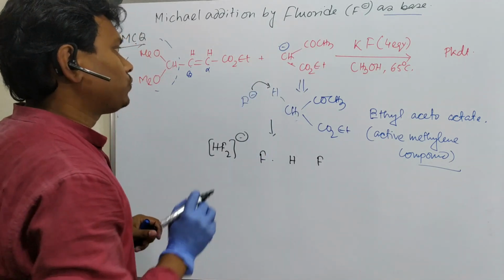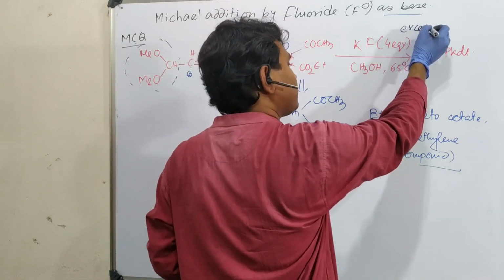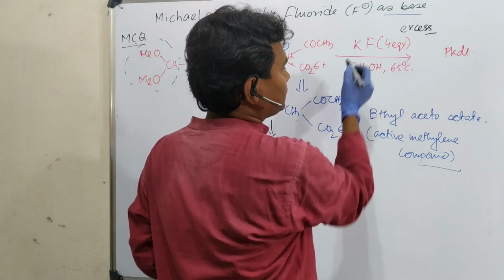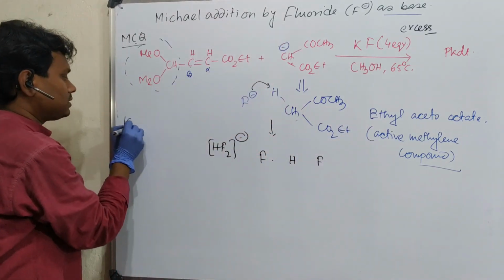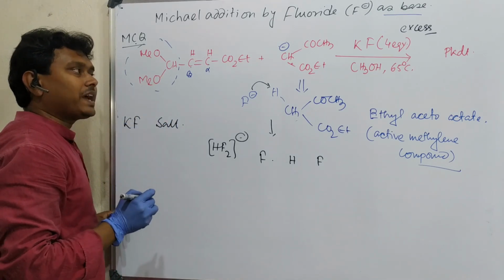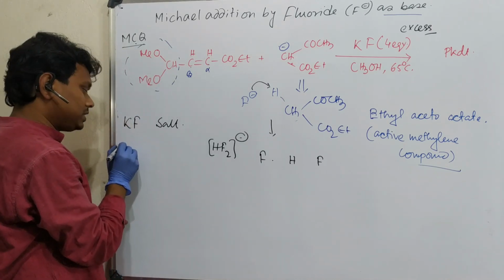Fine. So first of all, it is 4 equivalent, meaning it is in excess. So instead of 4 equivalent, in an exam it would be written as excess. Why? First of all, this KF is actually a salt, so solubility in an organic solvent like methanol is expected to be less.